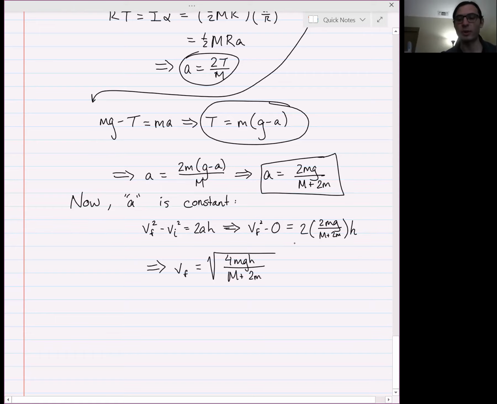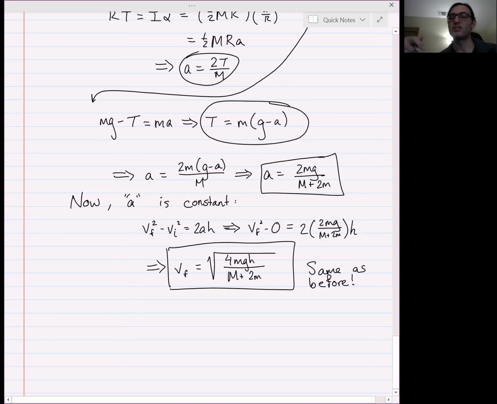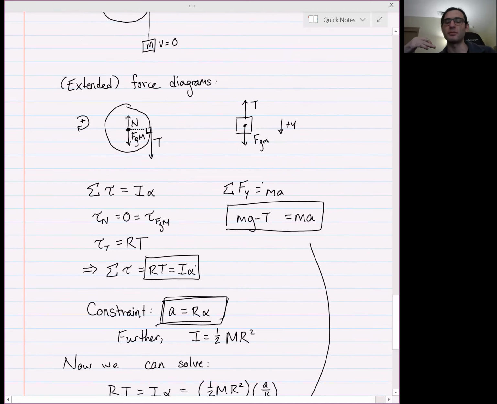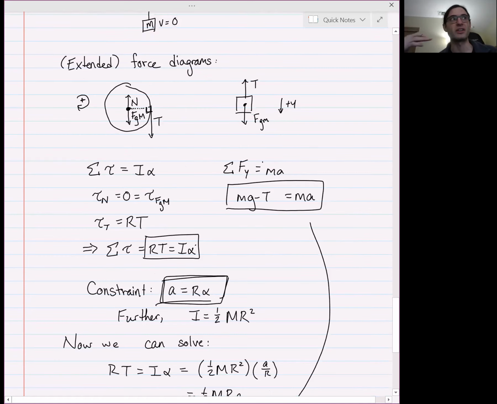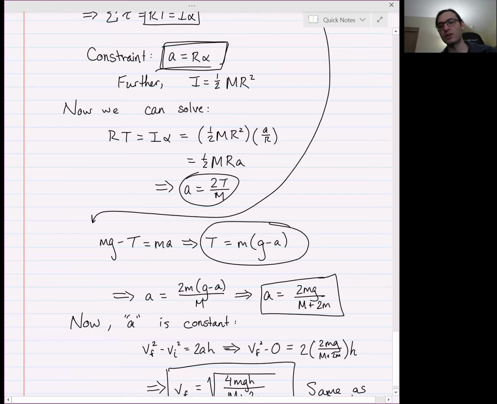This result is the same as what we had before using energy considerations. So all we've done is use torque and the rotational second law in combination with the standard second law to solve a problem that we also solved with energy considerations. And so it works.